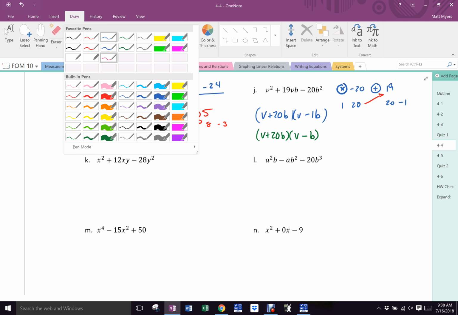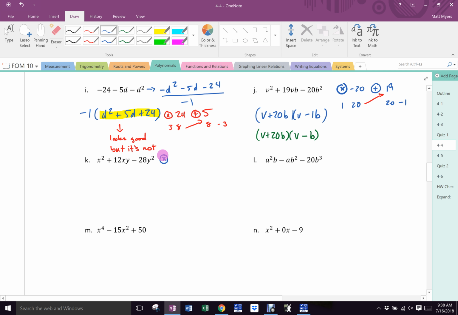I need to multiply to what and add to what? Is it 1 and 28? No. Is it 2 and 14? Yes. How do 2 and 14 get me to positive 12? 14 minus 2. X plus 14 what?